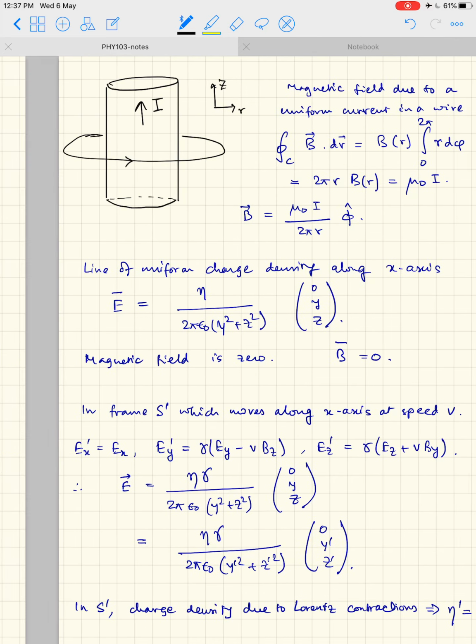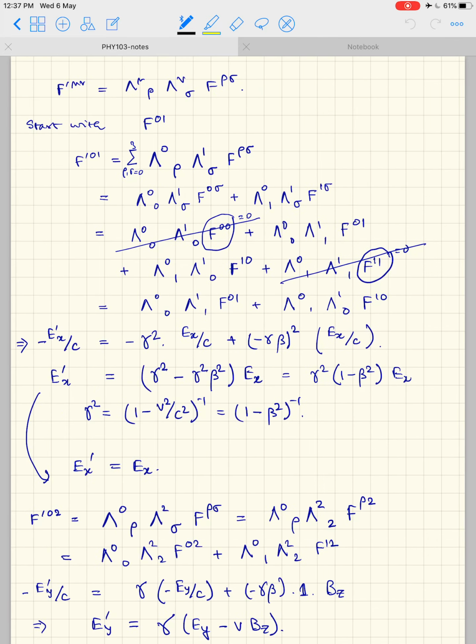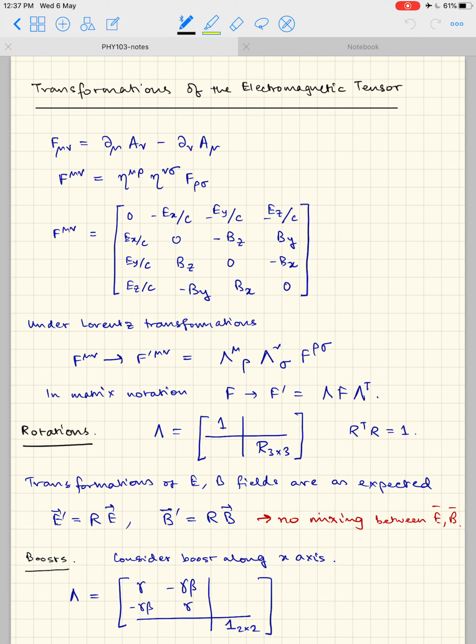So let me just take you briefly through what we did in the class today. We started off revising what we had done in the previous class. We looked at the form of the electromagnetic field tensor, which was given in terms of A mu by this expression.